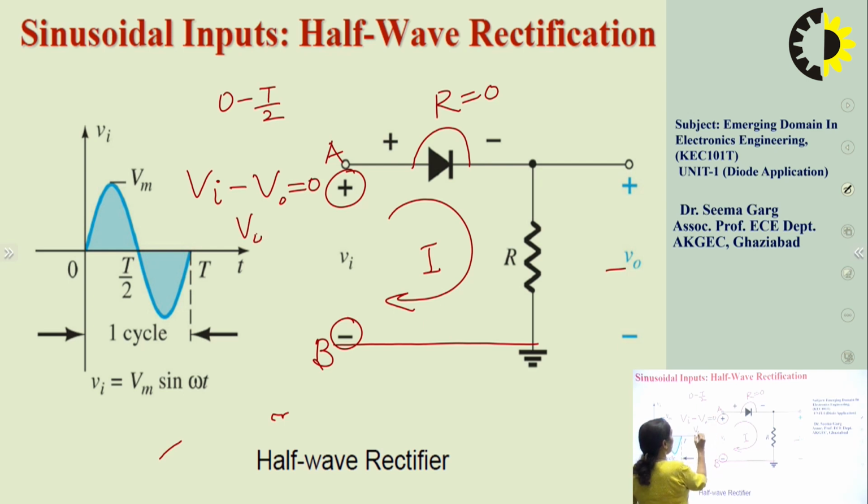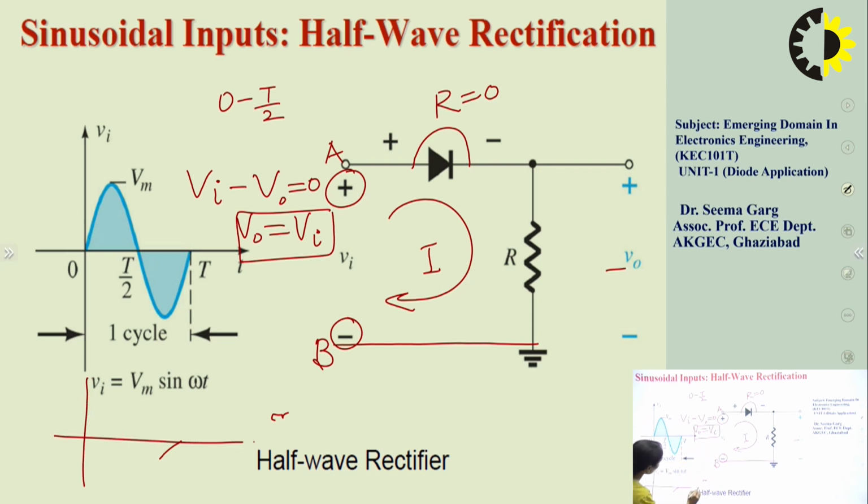That means Vo is equal to Vi. So during the time period 0 to T/2, at every instant of time we are going to get the voltage that we are applying at the input terminal. So we can say this is our output.